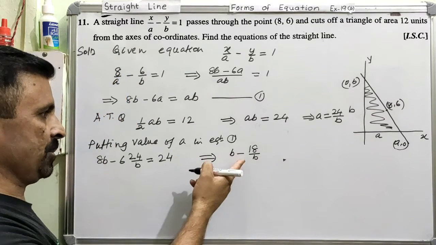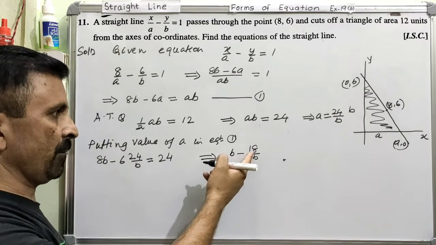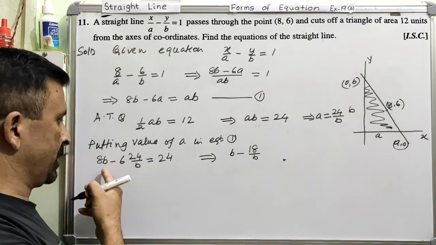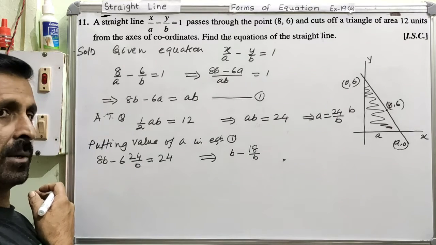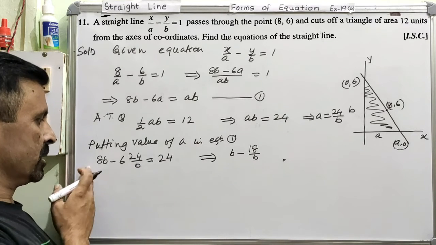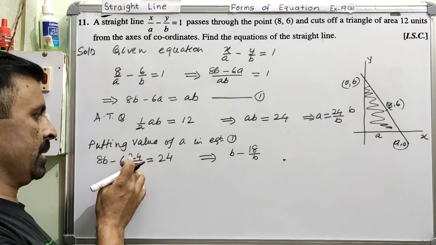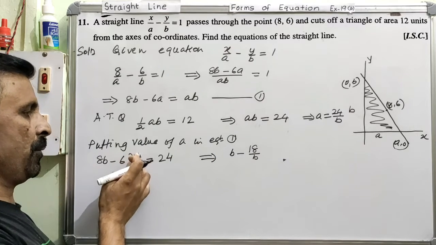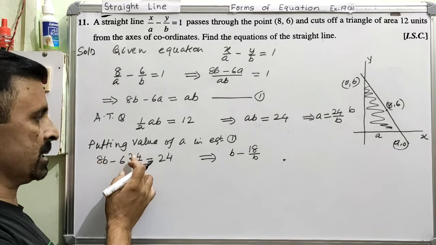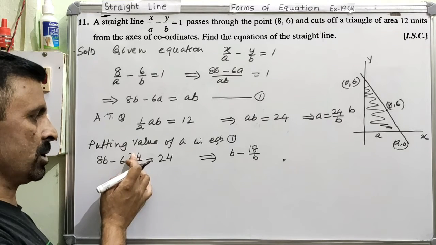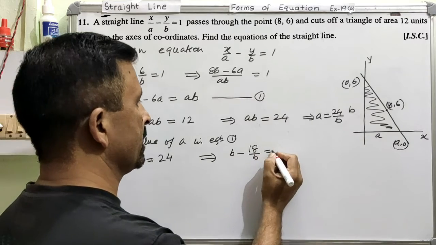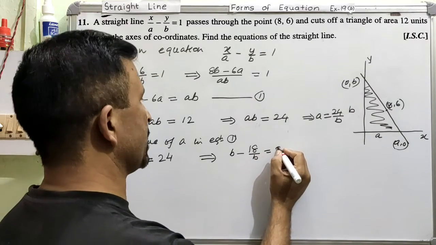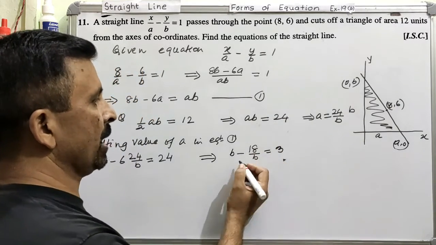Okay, please see this part very clearly. Next time don't ask me, sir, from where you produce 18. 18 is because 8 is taken out common. So from here 8 went out, right? So this becomes just b. And from 6 into 24, I have taken out 8. This 24 is divided by 8, so this becomes 3. And then this 3 into 6 is 18. And then on the right hand side we have 3. Clear?